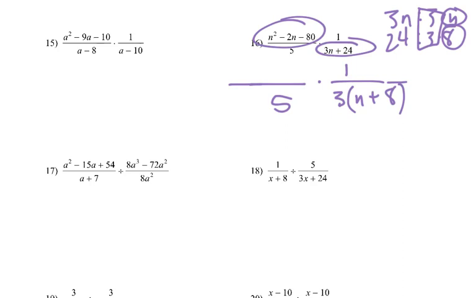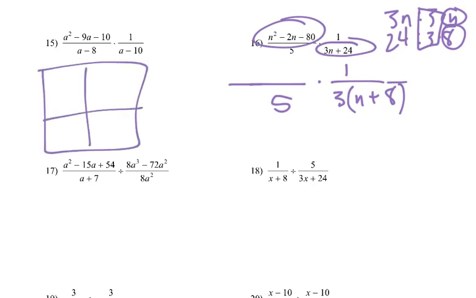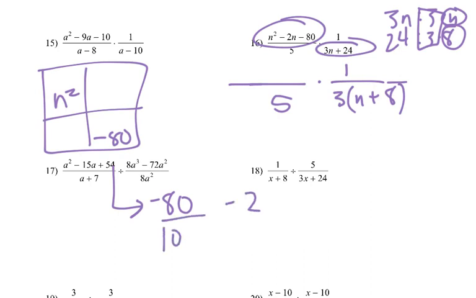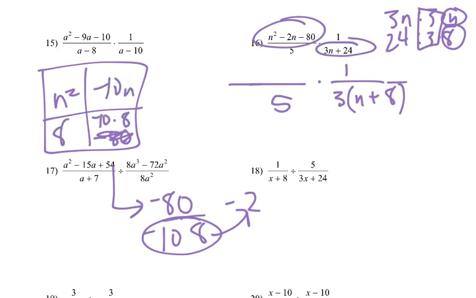over 5. So we've got an n squared, negative 80, factors of negative 80 that would add up to negative 2. Well, a 10 and an 8, and if the 10's negative, add them together, we'll get negative 2. So negative 10 and 8 are the factors.